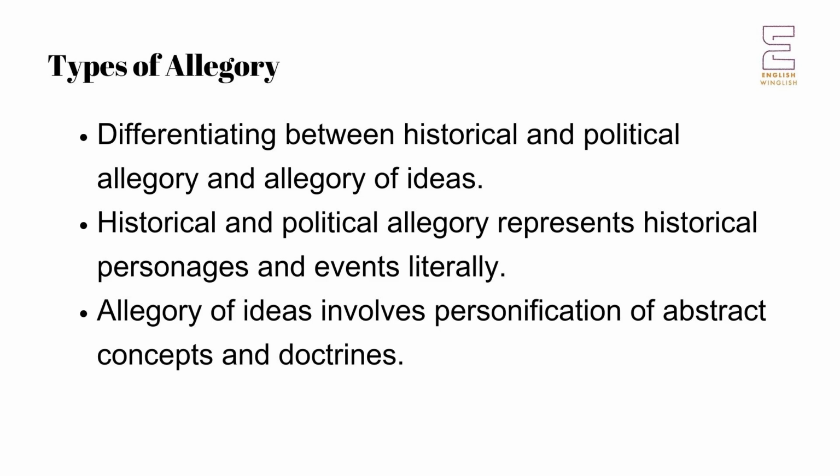By employing familiar historical contexts and figures, writers can allegorically comment on contemporary politics and social issues. On the other hand, allegory of ideas involves personifying abstract concepts, virtues, vices, and moral principles. Through these personifications, authors can explore and emphasize specific themes and philosophical ideas.